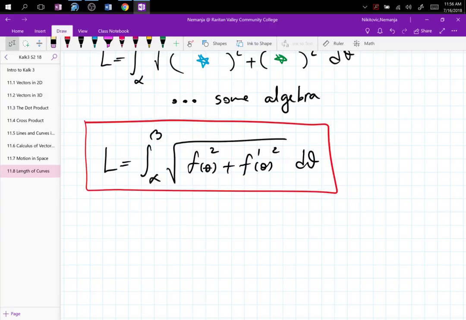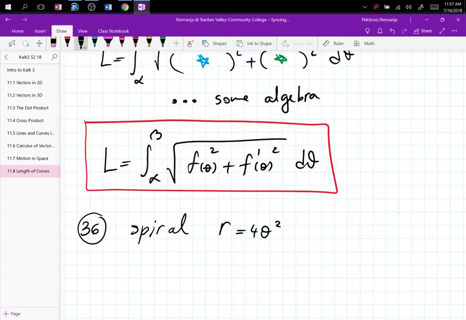Now let's take a look at the single example and then transition into your lab. I don't know, picking a random problem, 36, spiral. r equals 4 theta squared from 0 to 6.